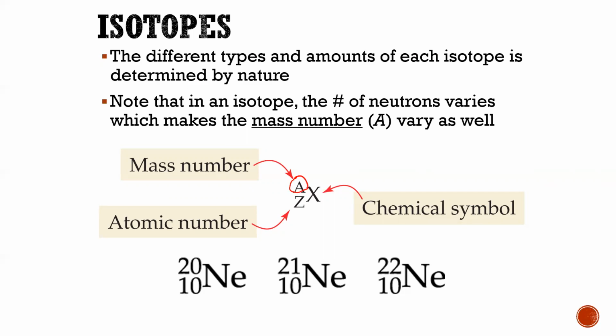I just tell students it's the bigger number. They put the larger number on top. And then the smaller number, the Z, is the atomic number, and that's always the number of protons. Because again, both neutrons and protons are 1 AMU, so the smaller number is just the number of protons, and that's how the element is defined. So all of these isotopes of neon, they're all neon because they have 10 protons.